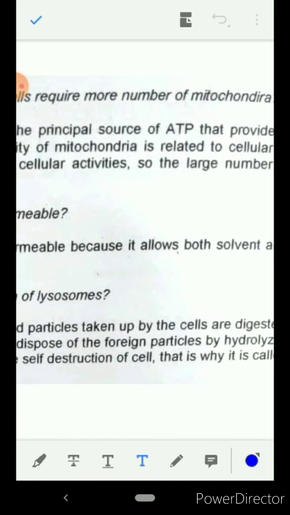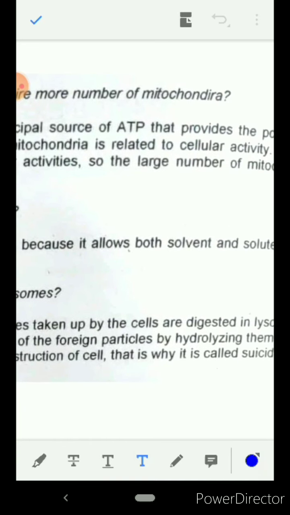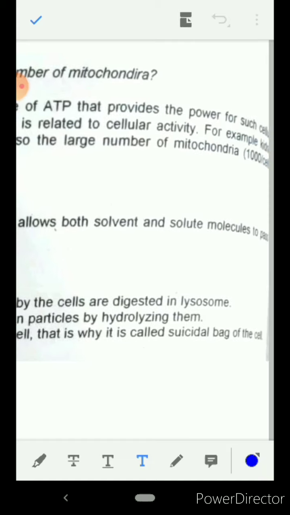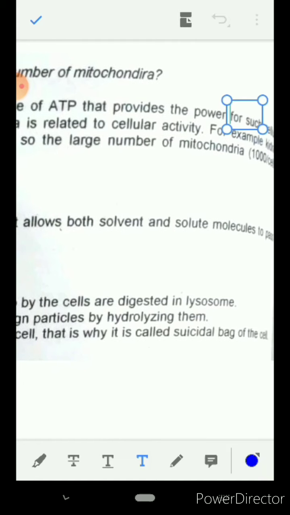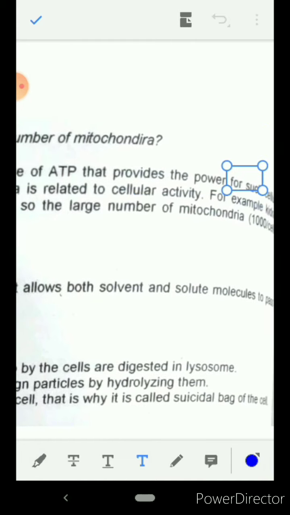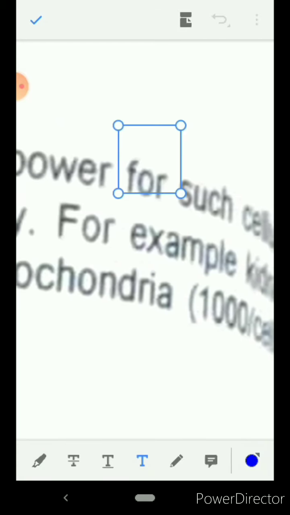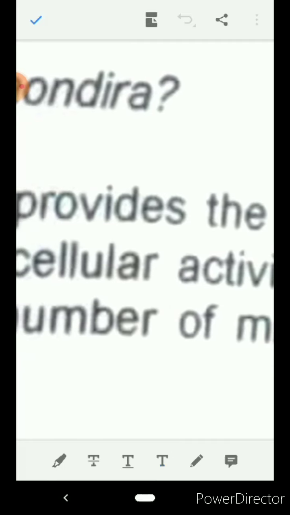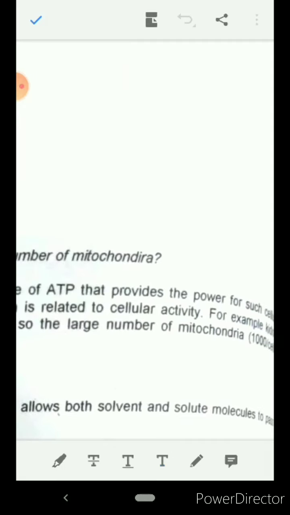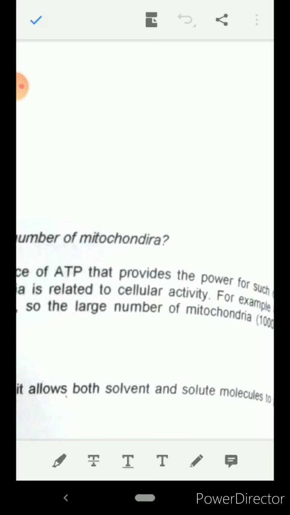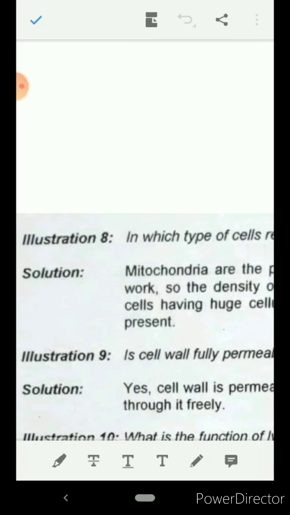Mitochondria are the principal source of ATP that provides the power for such cellular work.